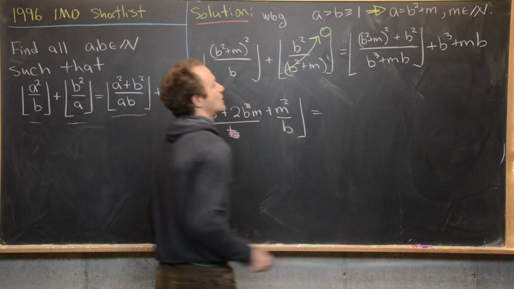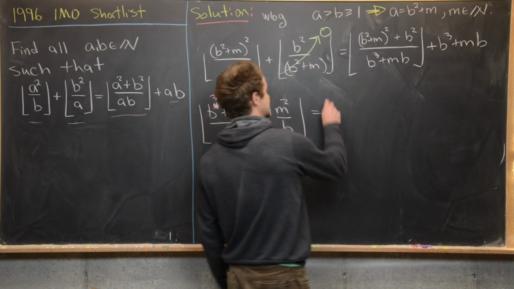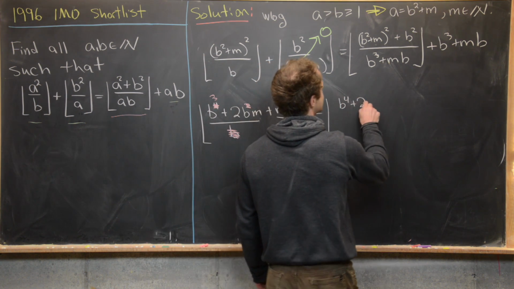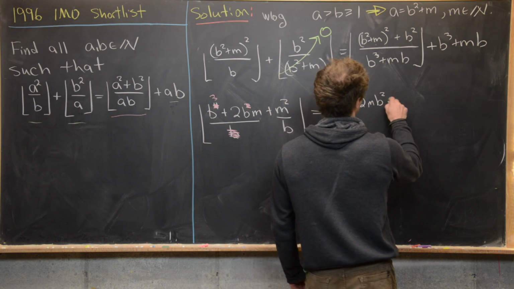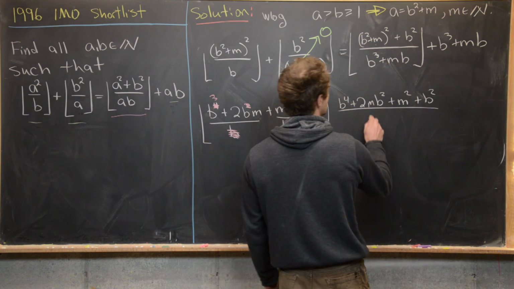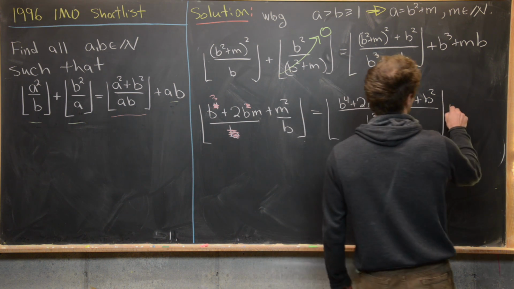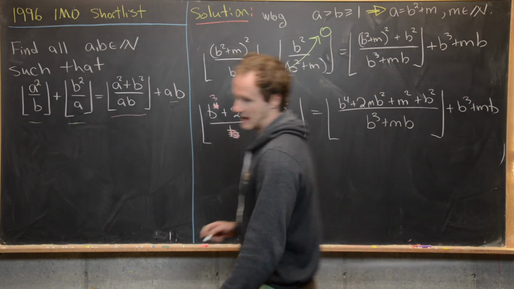Okay, then we can also multiply out this numerator here. So let's see what that's going to give us. That's going to give us b to the 4th plus 2mb squared plus m squared plus b squared. Then this is going to be all over b cubed plus mb. And then on the outside, we still have b cubed plus mb, like that. Okay, great.